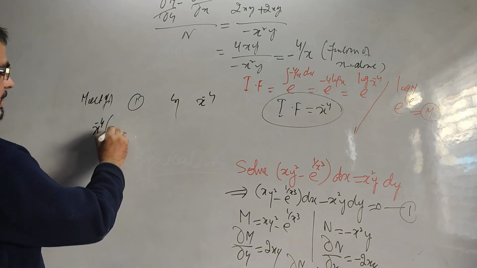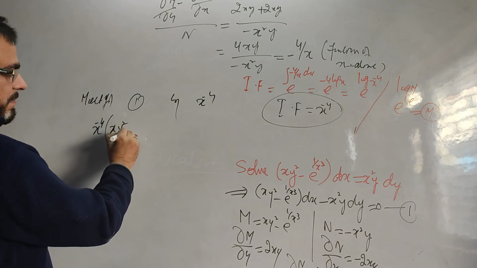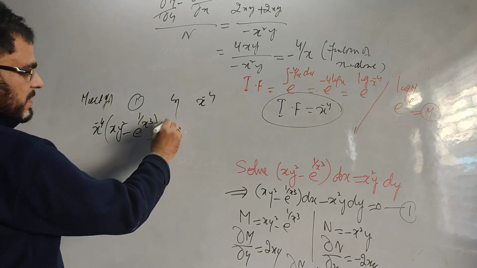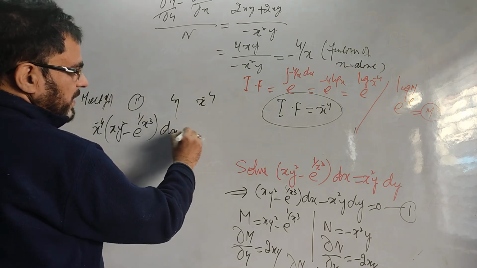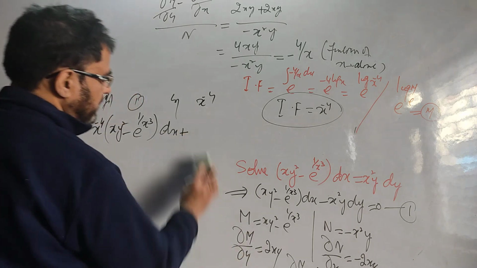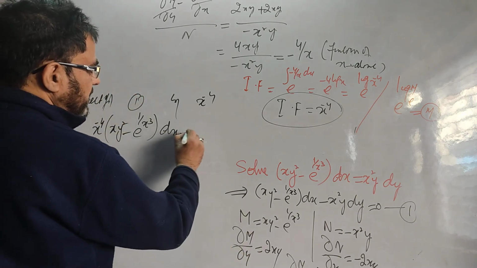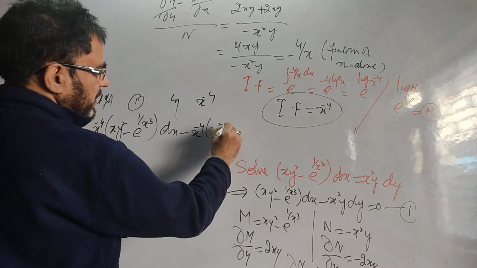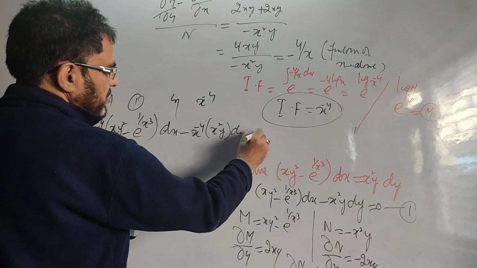So you multiply: it is x raised to power minus 4 times (x y square minus e raised to power 1 by x cube) dx, plus minus x raised to power minus 4 into x square y dy is equal to 0.